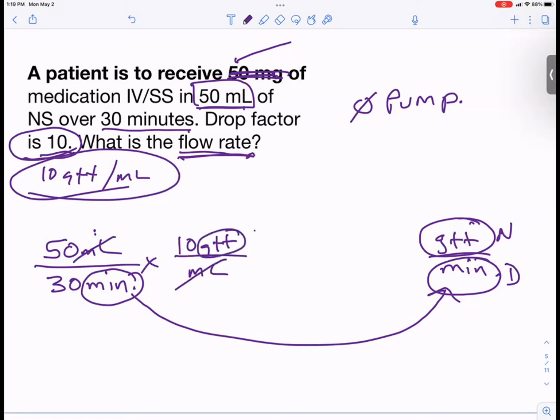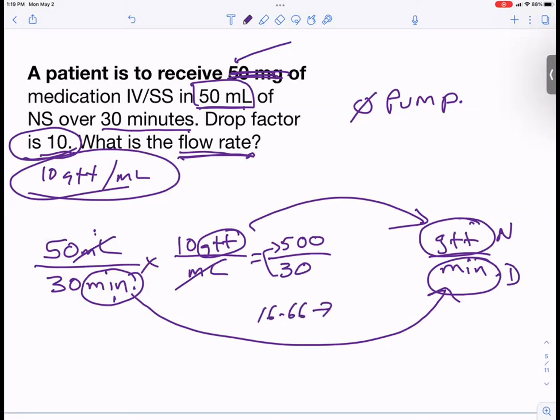Now I have drops in my numerator, minutes in my denominator, and that is it. This problem is done. 50 times 10 is 500. 30 times 1 is 30. And when I divide 30 into 500, it gives me 16.66. I can't split a drop. So my answer is 17 drops per minute.